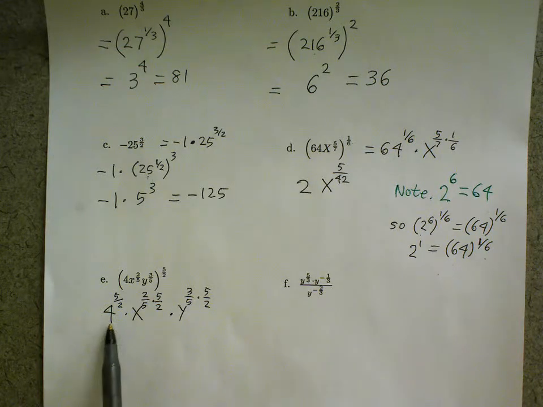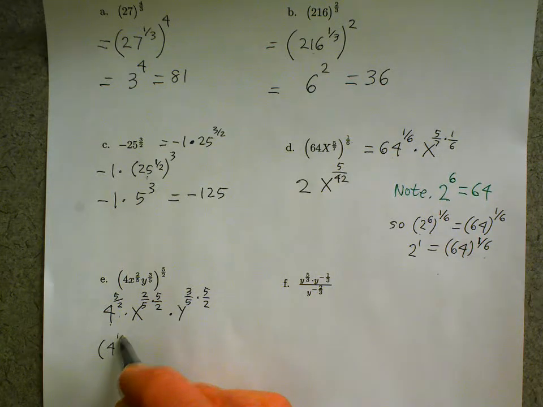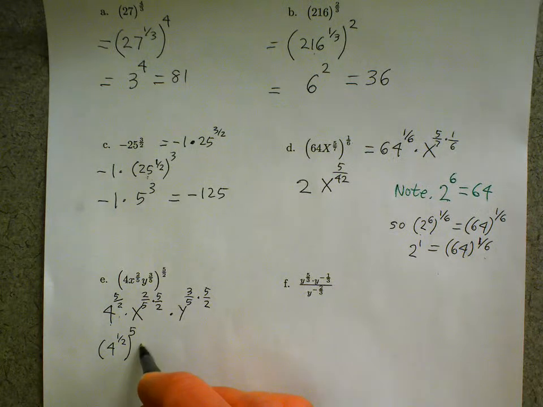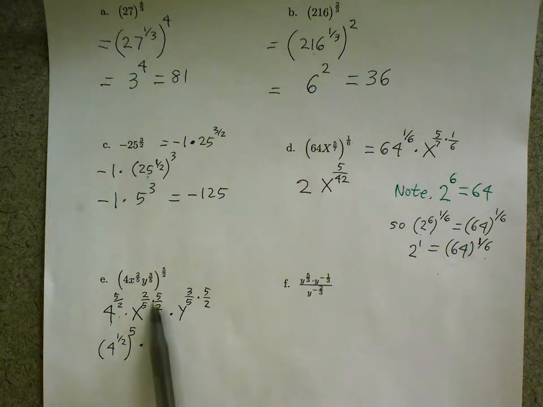Okay, in the next step, 4 to the 5 halves, we'll rewrite that as 4 to the 1/2 to the 5th. And then x to the 2/5 times 5 halves, multiply the exponents, we get x to the 10 over 10.